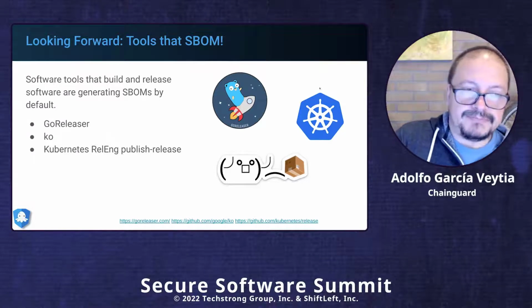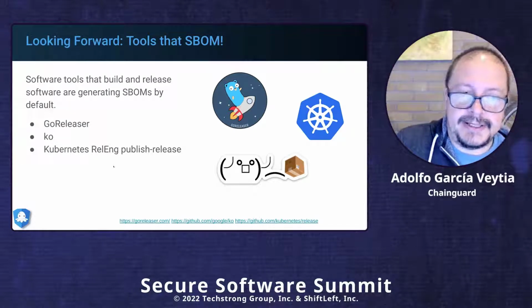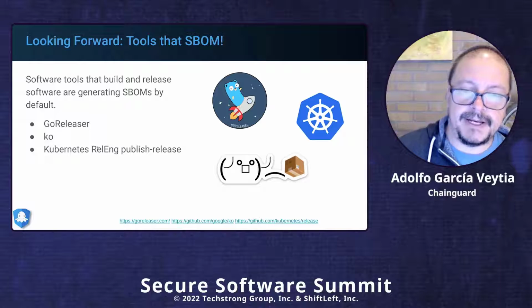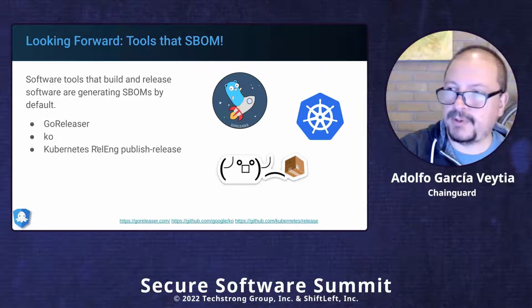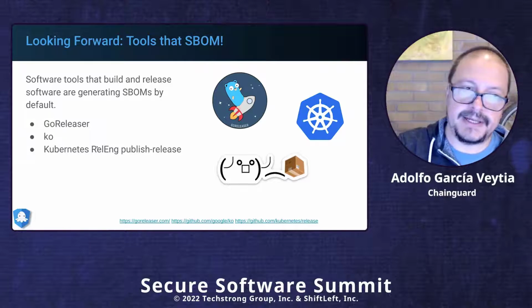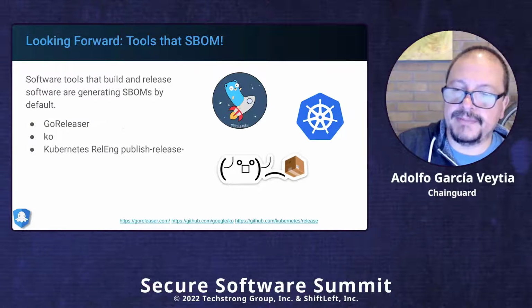And then finally, we in the Kubernetes project generated a little tool called publish release, which can also publish all of the artifacts of a release and then send the SBOM along with them.